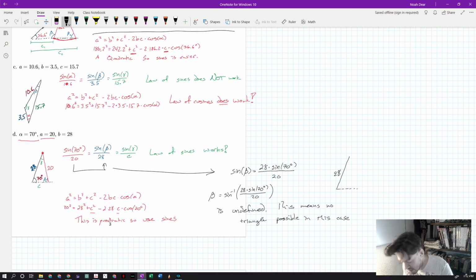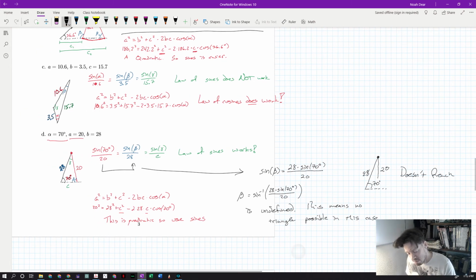It's not given, and we could make it anything we want, no matter how long we make it. When this is 70 degrees, 20 won't reach all the way to the bottom when that's a 70-degree angle. So that's what's going on there.